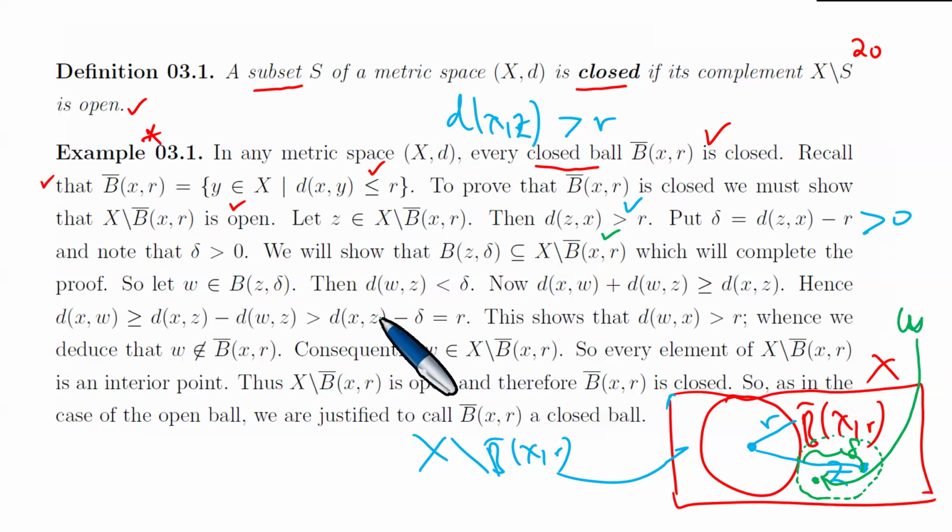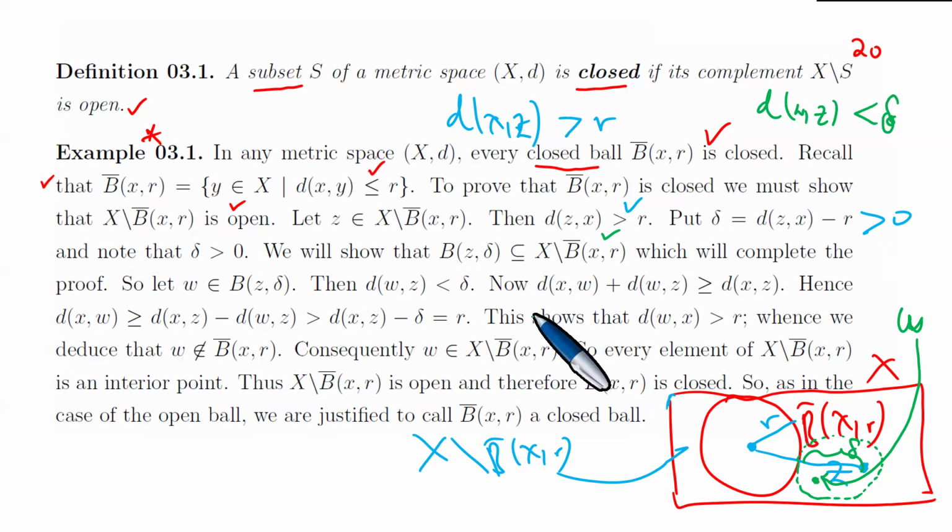Then the distance between W and Z is much smaller than delta. It is true, of course, because if you take the distance between W and Z, we argue that this distance is much smaller than delta. If this distance is much smaller than delta, what do we then know?